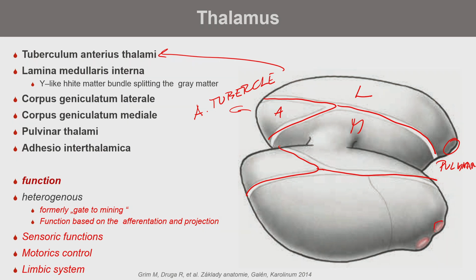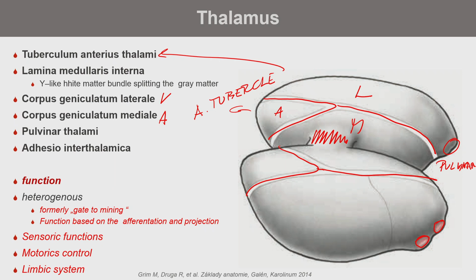Separate structures are localized dorsally and inferiorly. They are called corpora geniculata. Corpus geniculatum laterale and mediale. Medial is associated with the auditory system and lateral with the visual system. And in between is the bridge which is called adhesio interthalamica, interthalamic adhesion.